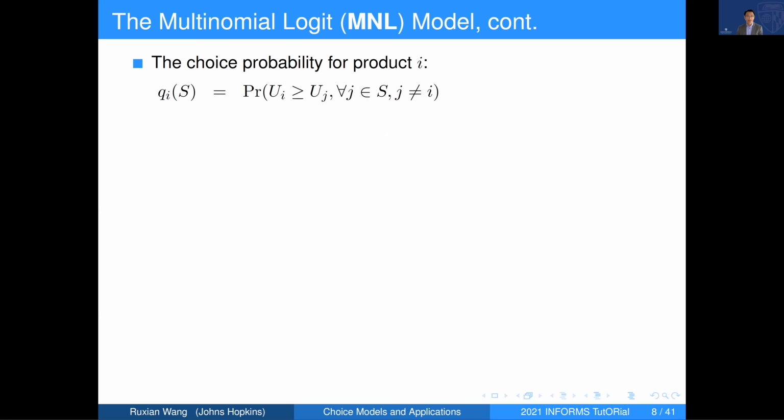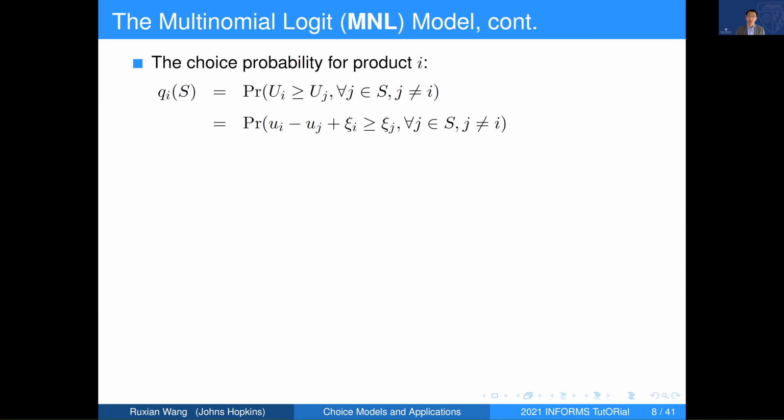Again, the choice probability for product i. Here I briefly show you how we can derive the choice probability in closed form under the IID Gumbel distribution. This is very basic, so I won't get into detail. Probably you may want to do some research on discrete choice models.